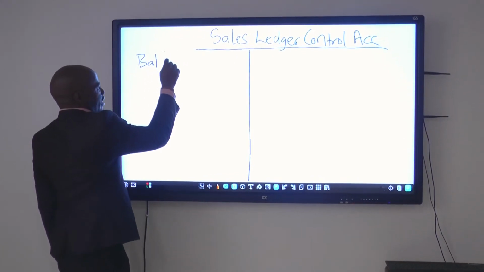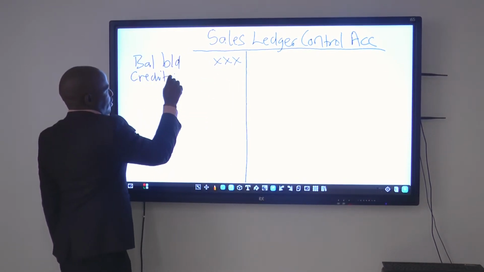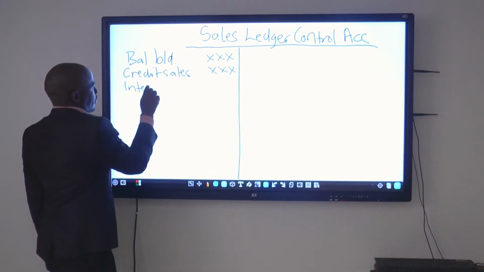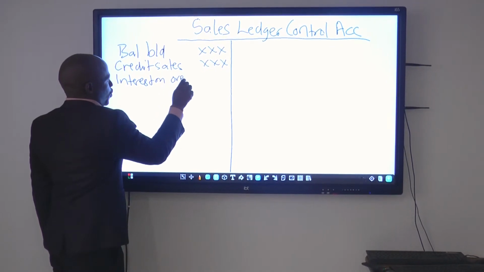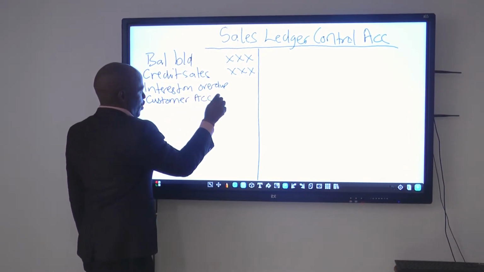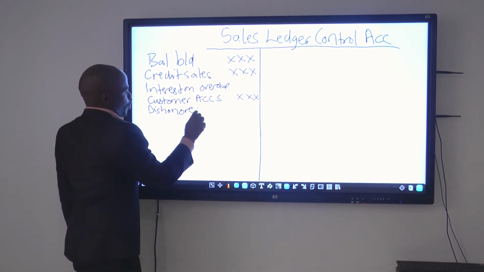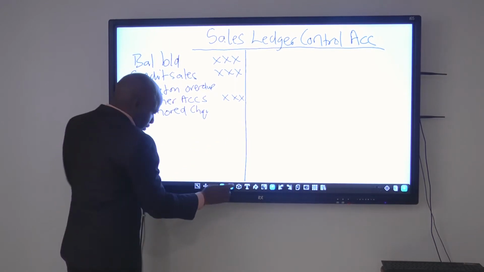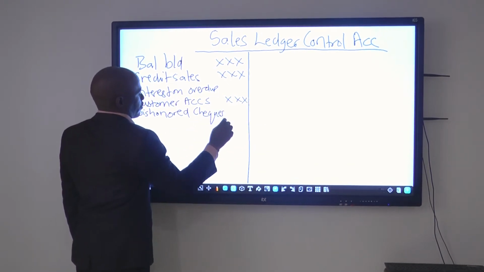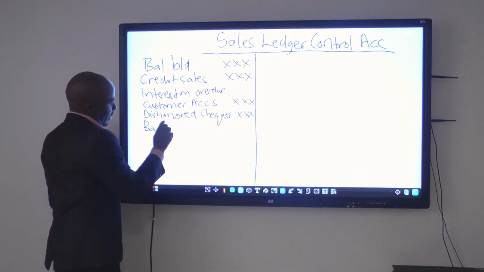So we have our opening balance, which is balance BD, credit sales, interest on overdue customer accounts, dishonored cheques. We also have maybe bad debts recovered.